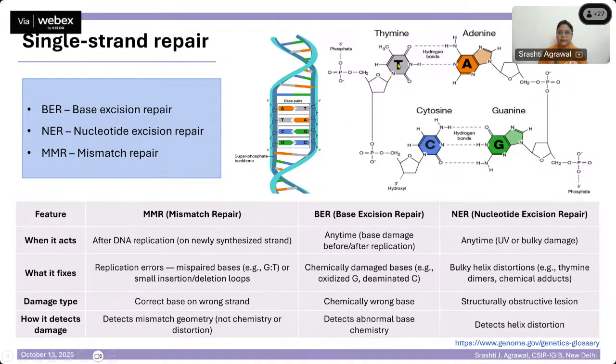So for example, the correct matching of thymine is with adenine. However, somehow thymine is incorporated with guanine on the complementary strand. So the mismatch repair machinery would recognize this as an error and would correct it to make sure that thymine base pairs with adenine correctly.